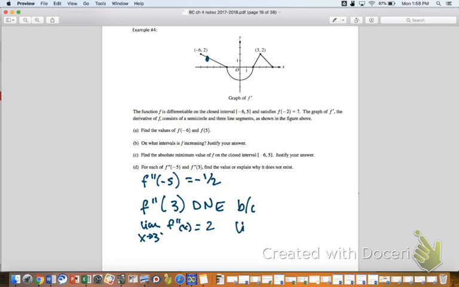And then the limit as x approaches 3 from the right of f double prime, what does that equal? Negative 1. Those two things are clearly not equal to each other, right? So in other words, the slope of f prime from the left and the slope of f prime from the right are not equal to each other, and that's enough right there, okay?